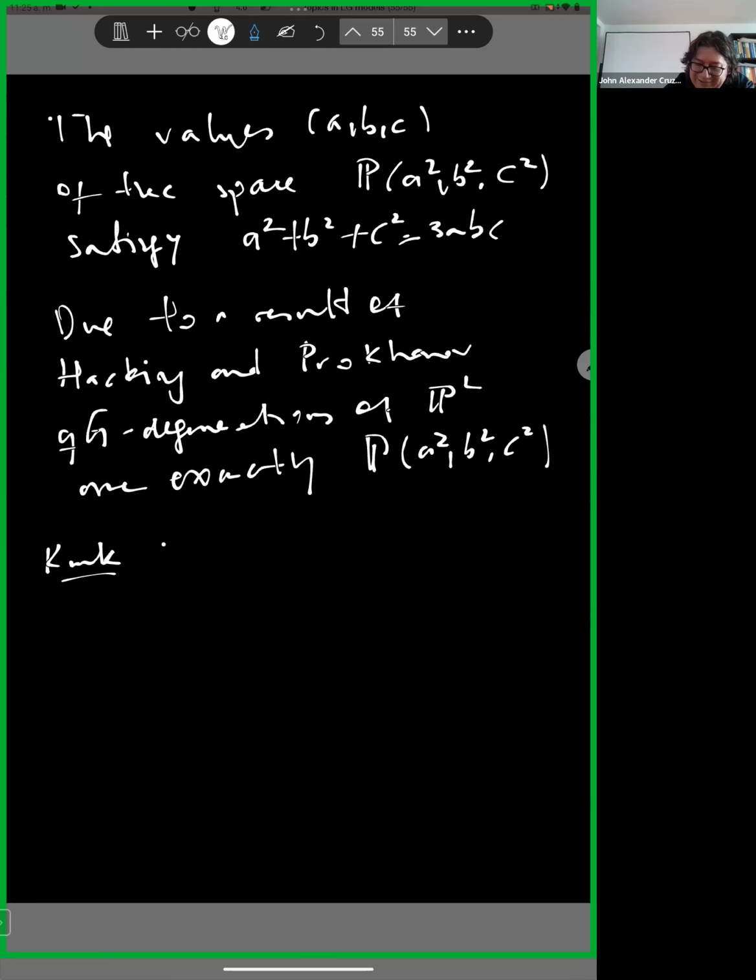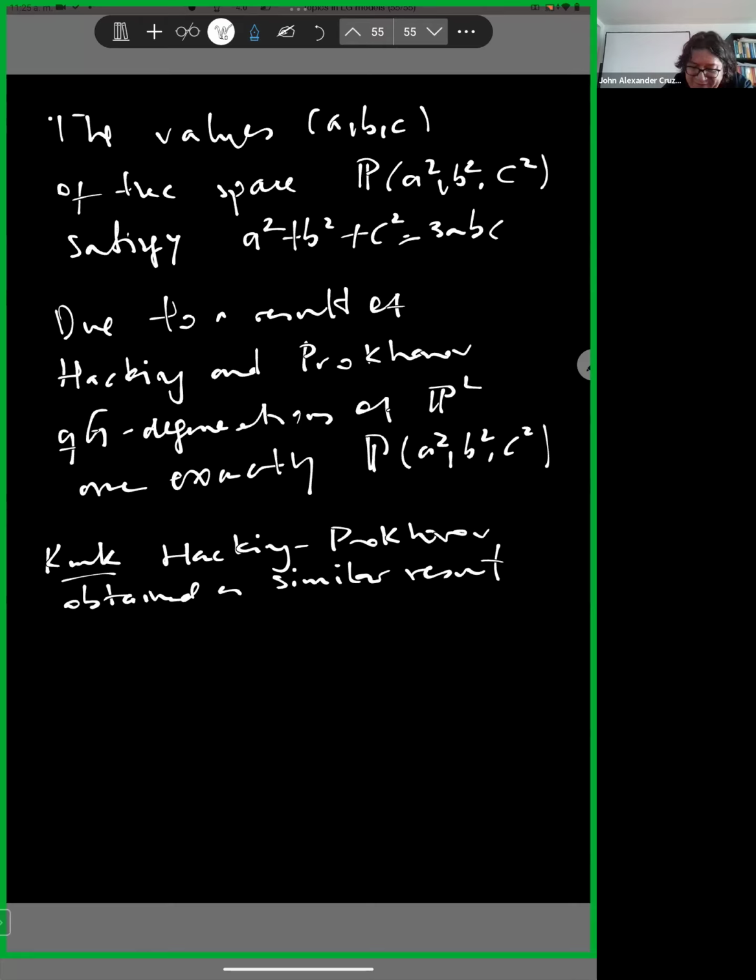Hacking and Prokhorov obtain a similar result in the Picard rank one case, for surfaces.